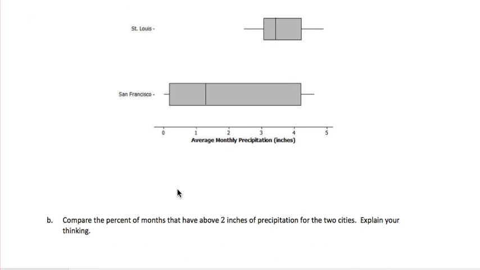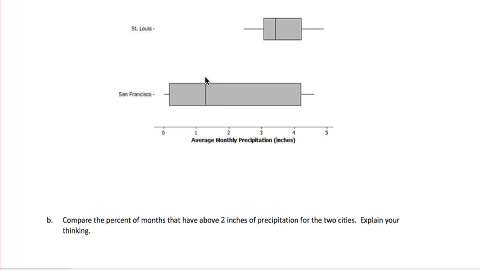If we compare the percent of months that have above 2 inches of precipitation for the two cities, we would have to say that St. Louis has 100% of the year in which they receive 2 inches or more of precipitation, whereas San Francisco has more than 50% of the year that they receive less than 2 inches of precipitation.